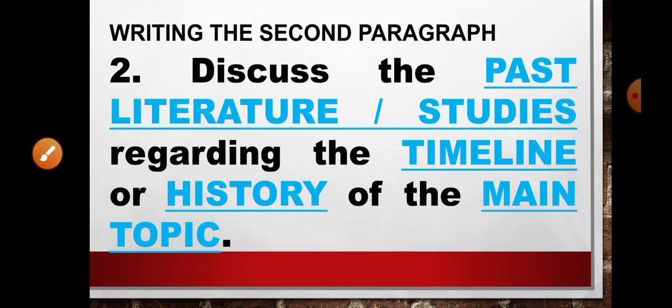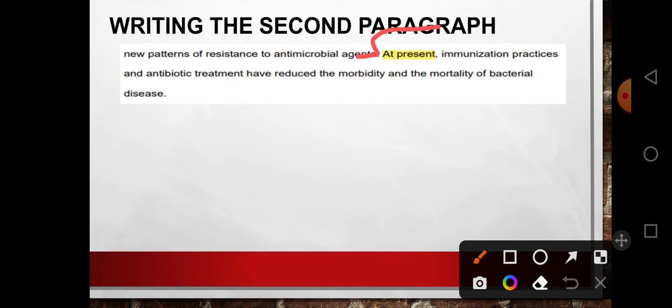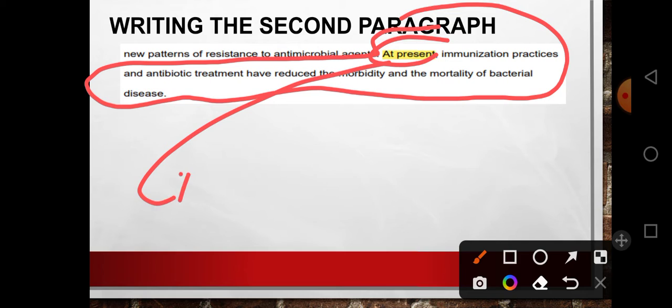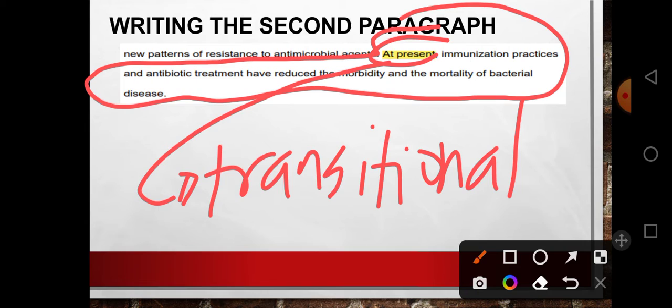Next, we have here the last part of the second paragraph, the last sentence: At present, immunization practices and antibiotic treatment have reduced the morbidity and the mortality of bacterial disease. Take note of the transitional device at present. At present is an example of a transitional device. What does it imply, the past or the present?